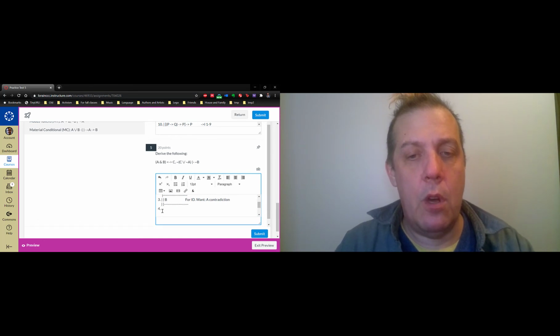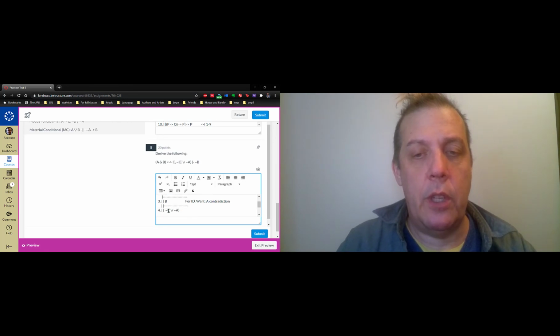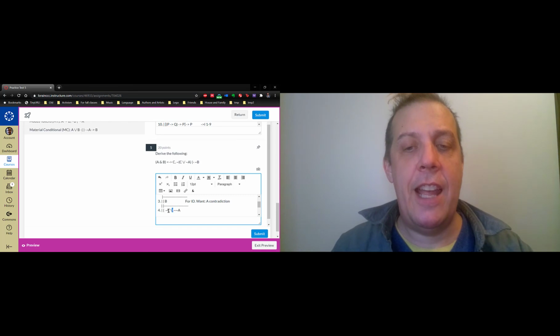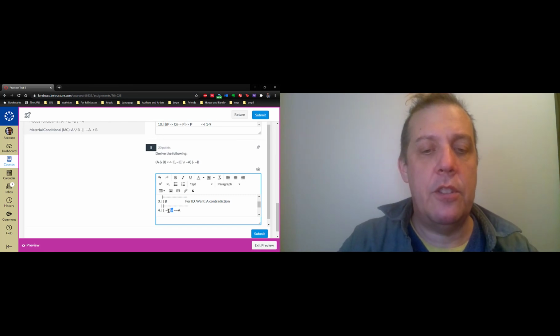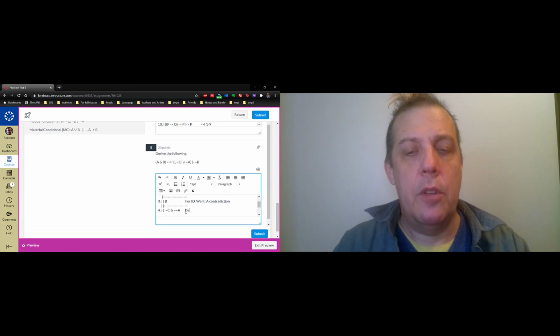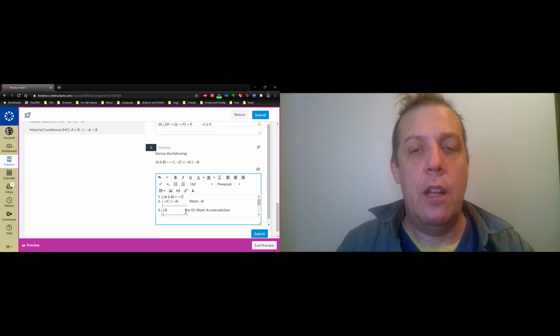Line 4, we're going to distribute this negation over the disjunction. So we eliminate the parentheses and the or turns into an and. So this is De Morgan's law on line 2.